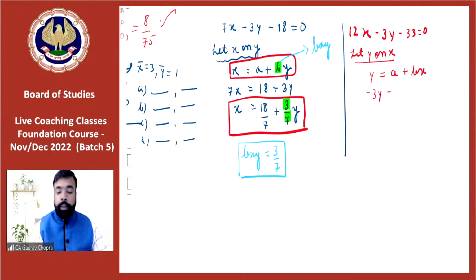Minus 3y is equal to 33 minus 12x. Now we divide by minus 3, so it becomes minus 11 plus 12 by 3x. 12 by minus 3 is 4, so it is 4x.